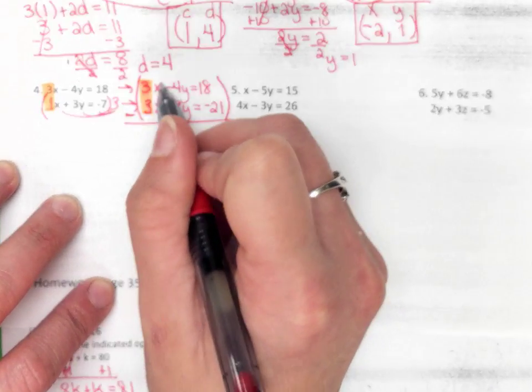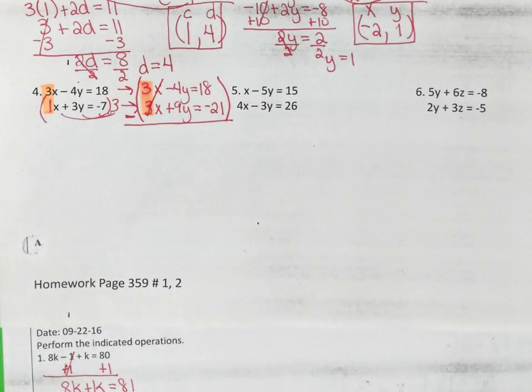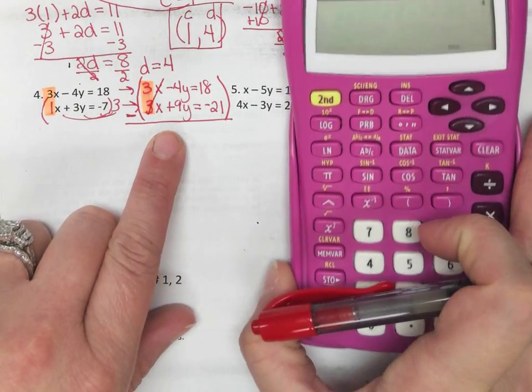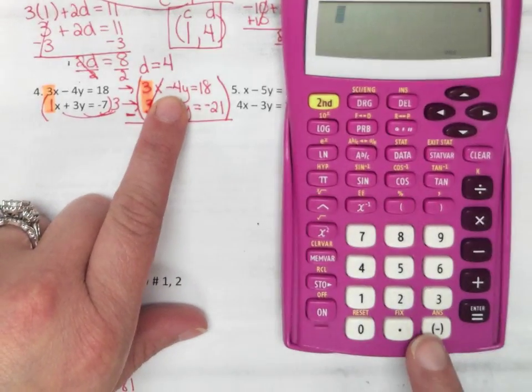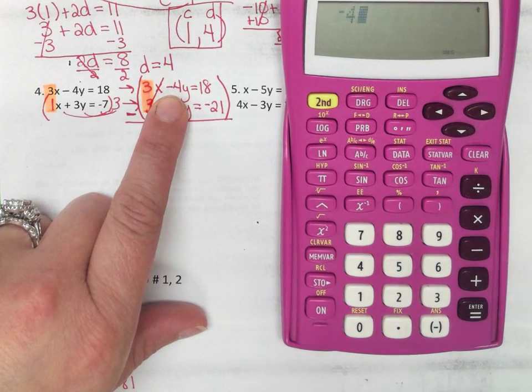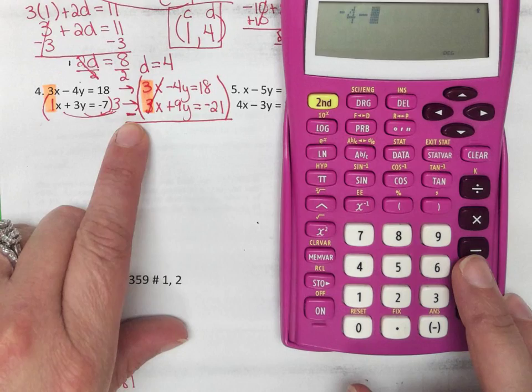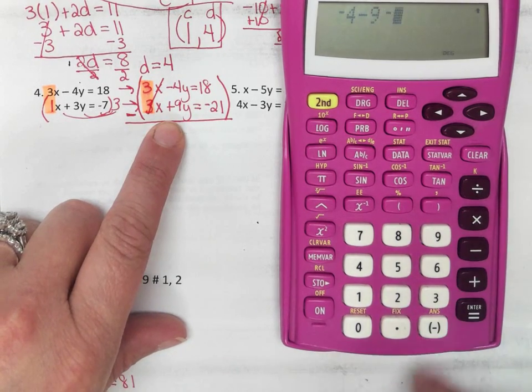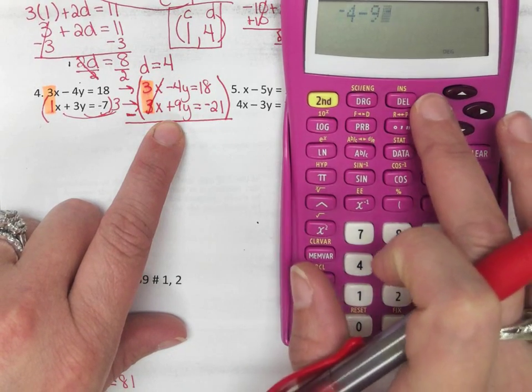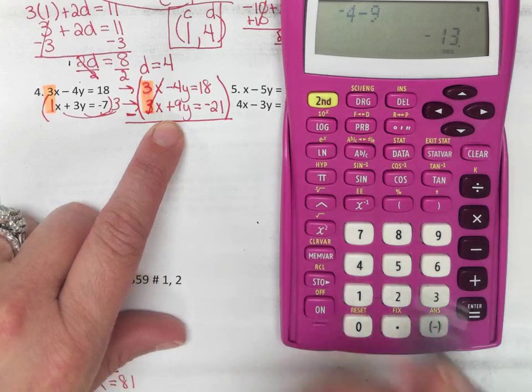If they're both the same sign, then that means we're going to subtract everything. Alright, so 3 minus 3 is 0. Alright, I want you to be careful. I want you to plug this in exactly how you see it, okay? Negative 4 subtract positive 9. And that's negative 13y.